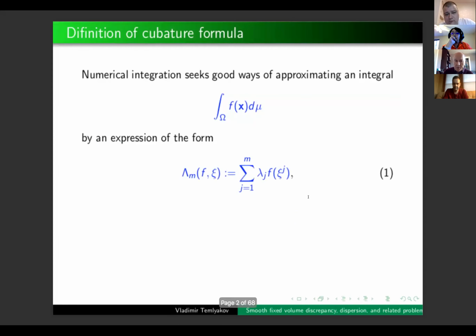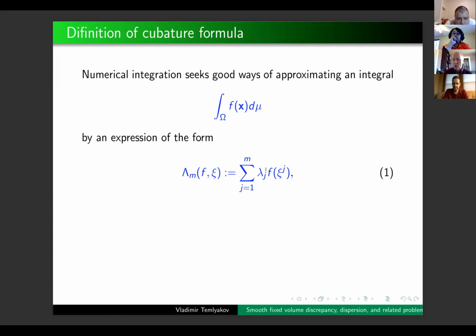So let's proceed. All these things like discrepancy and related things could be seen as numerical integration. This concept is very well known to everybody, so this is more of a notational thing. We denote the cubature formula with given points, knots, and given weights this way.